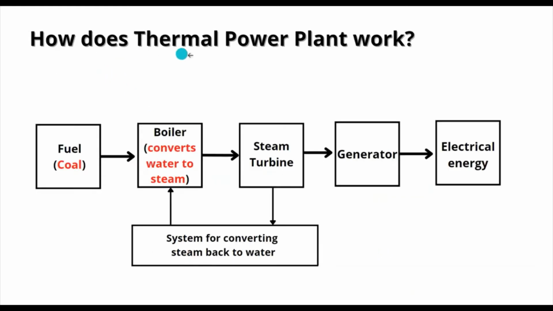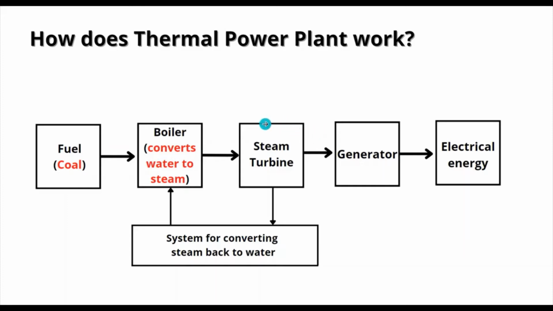So, let us see how a thermal power plant works. Initially, we give fuel as the input and it is crushed, and the heat obtained from the combustion of this fuel is used to convert the water into steam in the boiler. So this steam, which is at high temperature and high pressure, is moved into the steam turbine, and it rotates the blades of the steam turbine which are connected to the shaft of the generator.